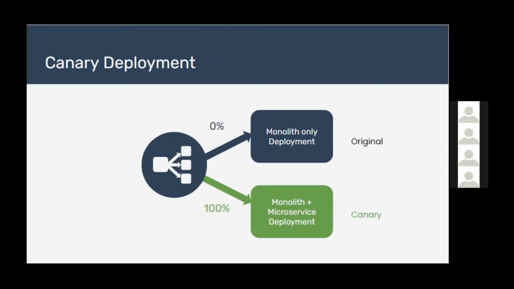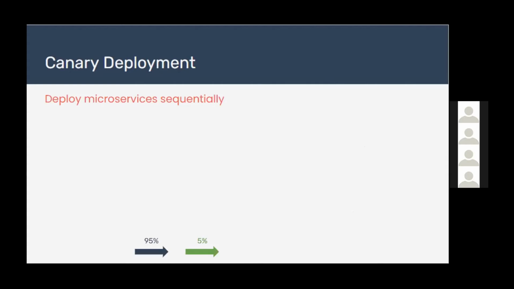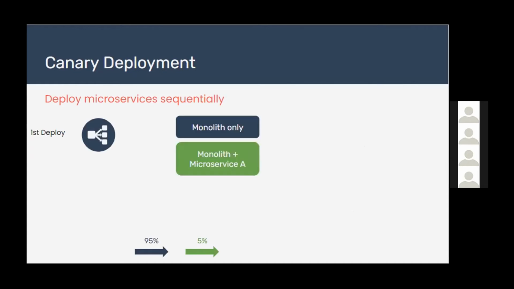Let's examine how Harvest might actually use this deployment strategy to extract out 3 microservices from their monolith. So one option is to extract and deploy these microservices sequentially. And we'll call these 3 microservices A, B, and C for convenience. So initially, the original deployment would be monolith only, and the Canary deployment would be the partially extracted monolith and extracted microservice A. And 95% of traffic gets directed to the original, while 5% gets directed to the Canary.